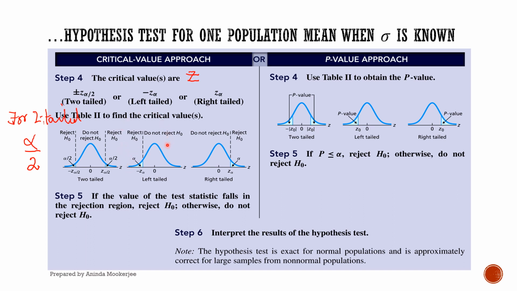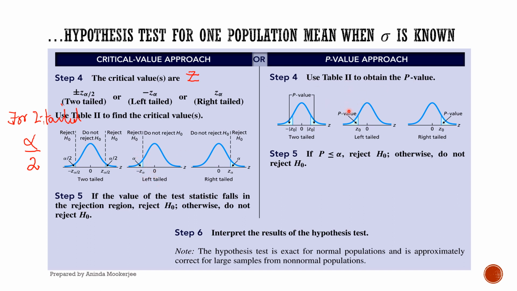If it falls in the do not reject region, then we will not reject the null hypothesis. So after we find our critical values, we will bring our test statistic and we will have to see in which region it falls relative to the critical value that we found.